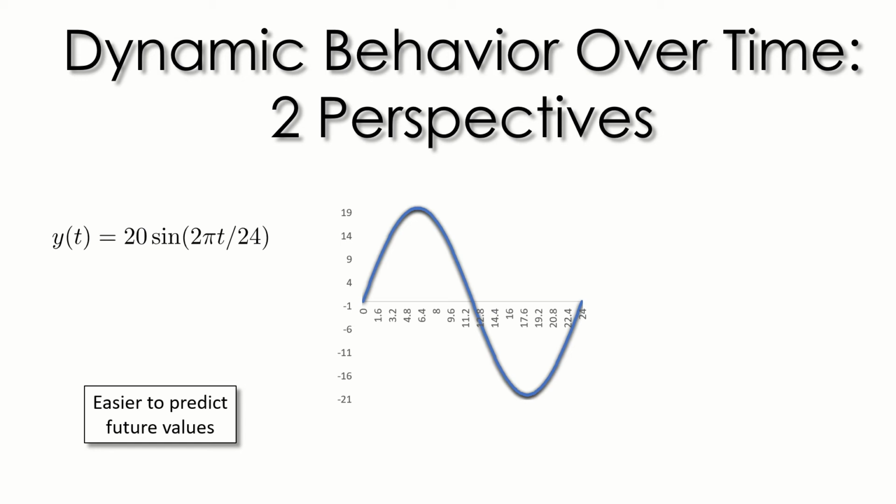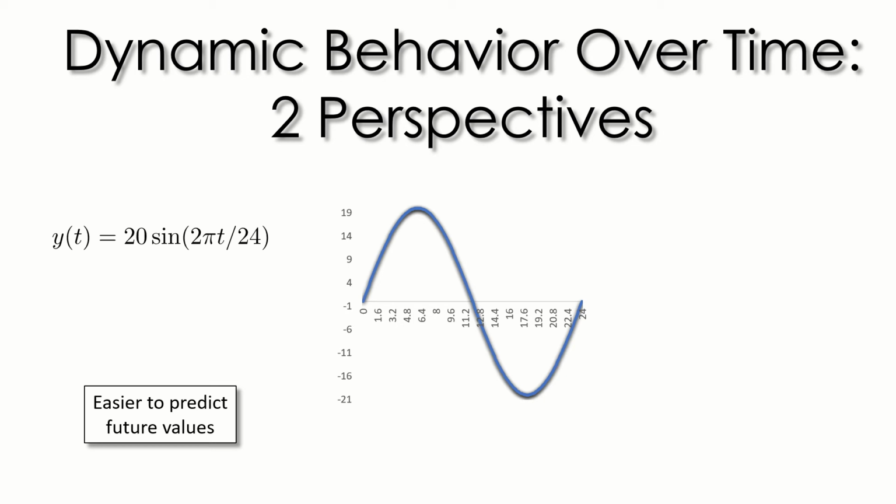And maybe in a physics class, you might learn that there are certain properties here, the amplitude of the sine wave, the frequency of the sine wave, and so on. You can read those out of this expression: that's the amplitude, and the frequency is somehow related to 1 over 24.